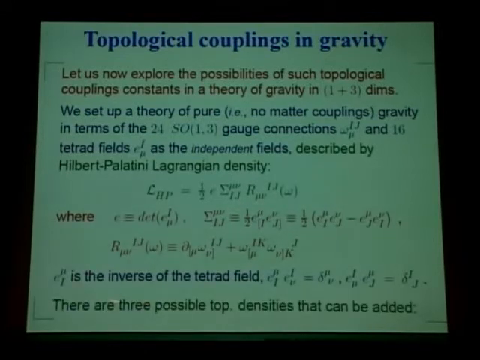To this Lagrangian density, there are three possible topological densities that we can add in 3 plus 1 dimensions. The first one is called the Nieh-Yan topological density.